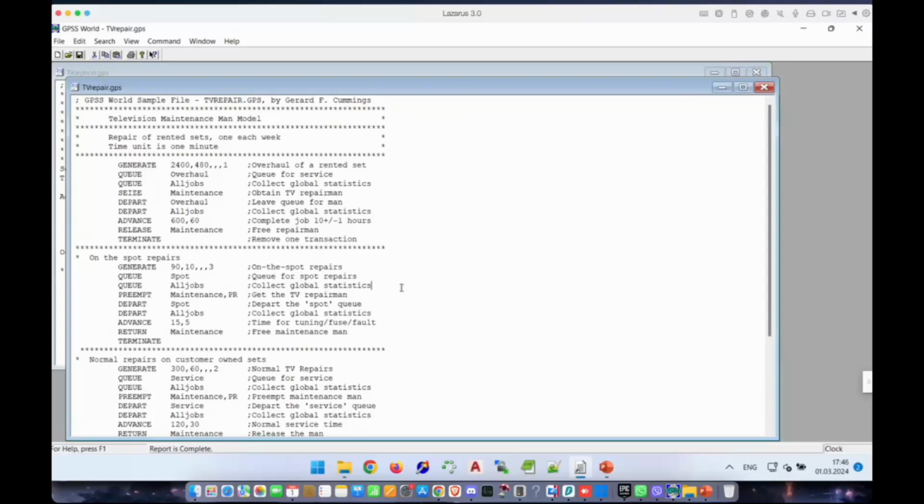And as you can see, for the higher priority transacts, we use preempt instead of cease. Why? Because during the preempt and during the cease, transacts take a look at the facility and storage priorities of transacts.